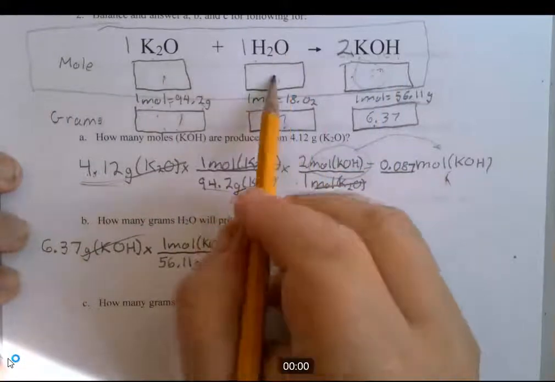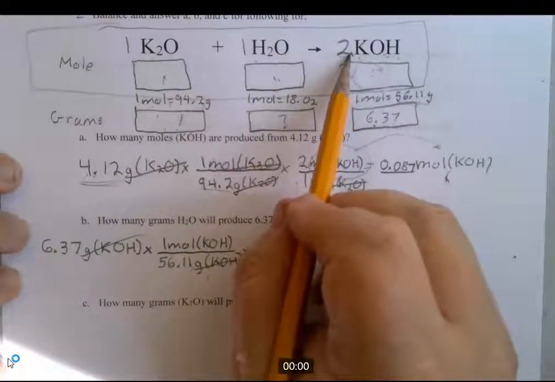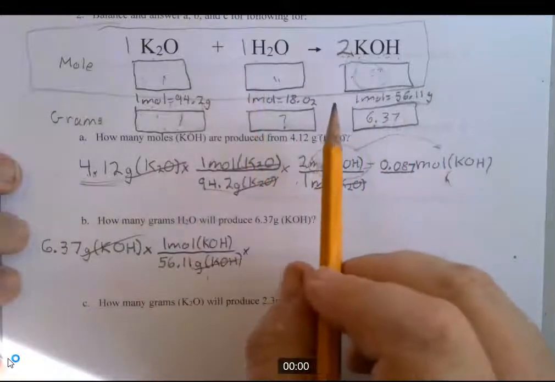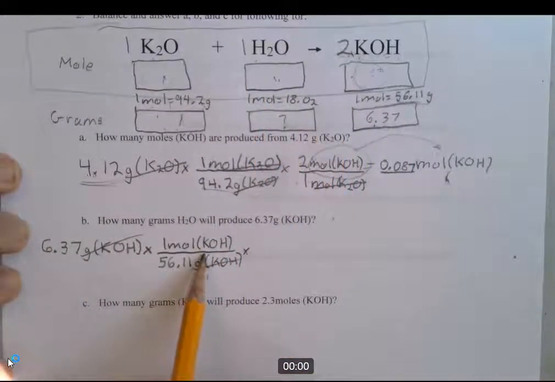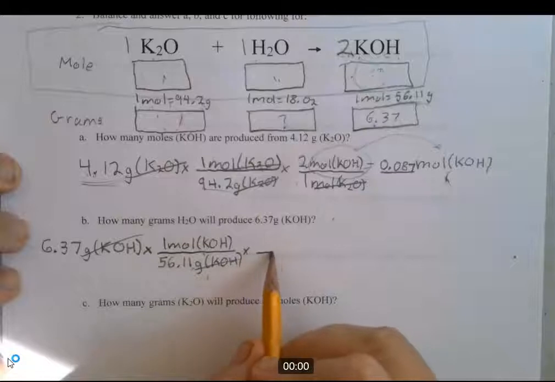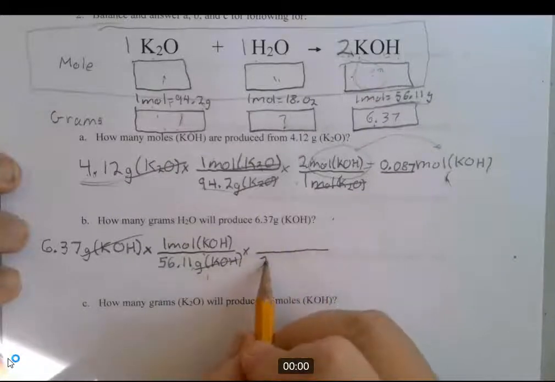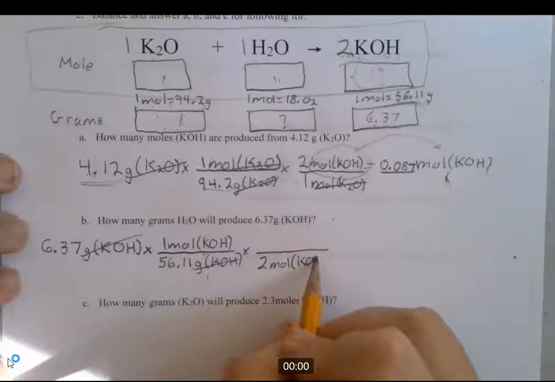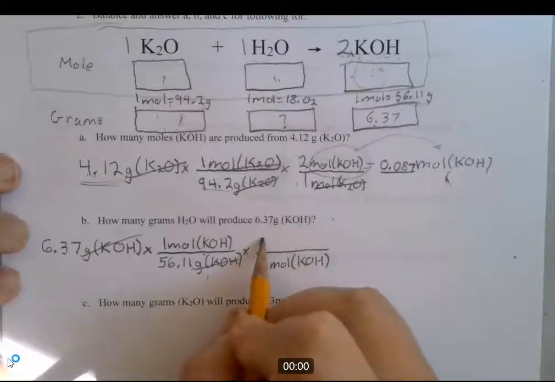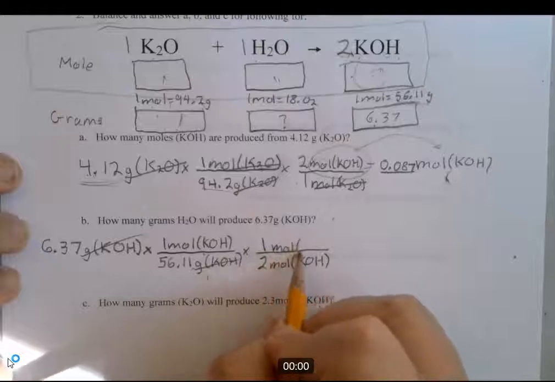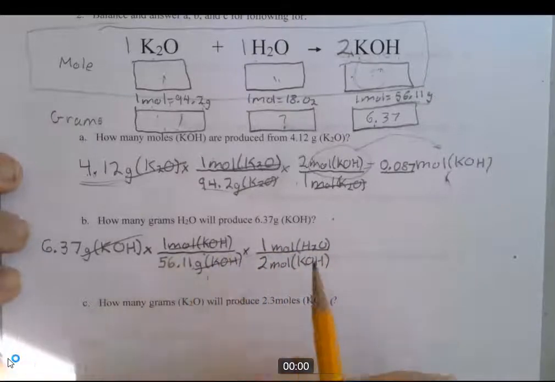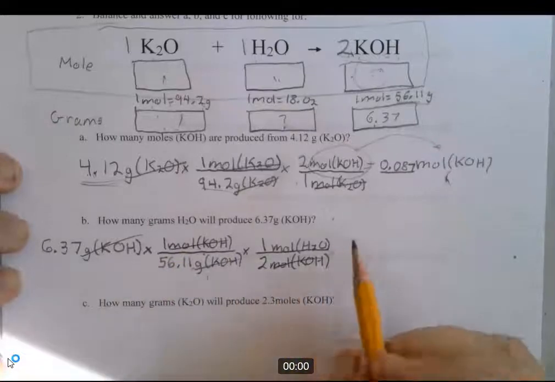I need to come over to here. I have a 2-to-1 relationship between moles of KOH and moles of H2O. I need moles of KOH to disappear, so it's going to go on the bottom. Moles of KOH cancels with moles of KOH.